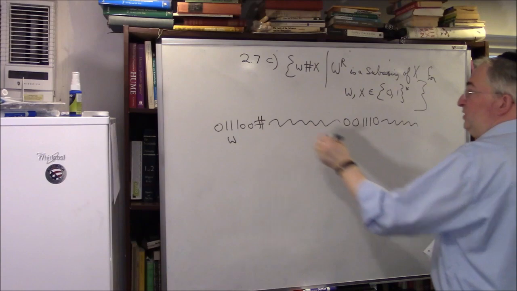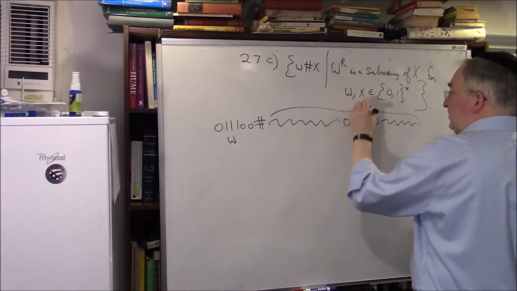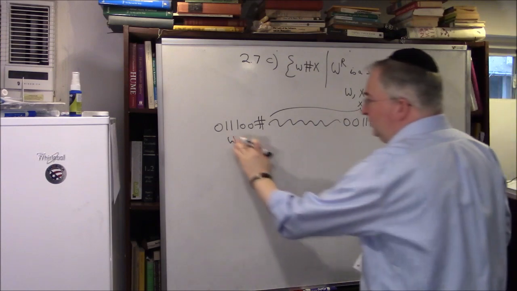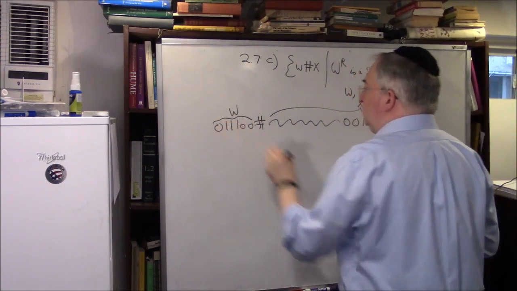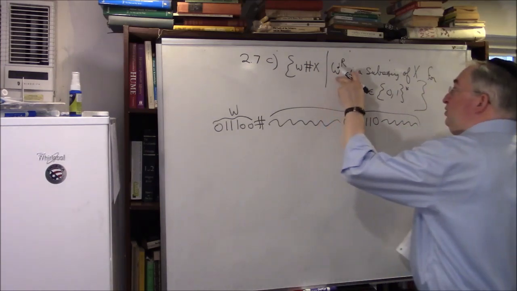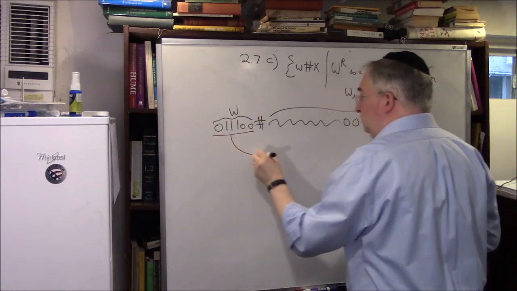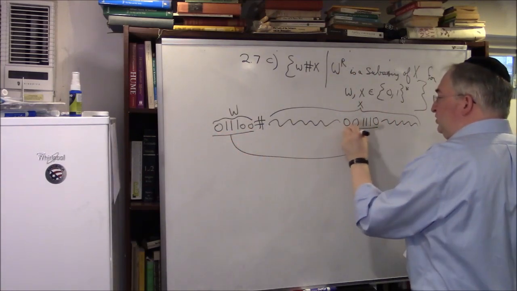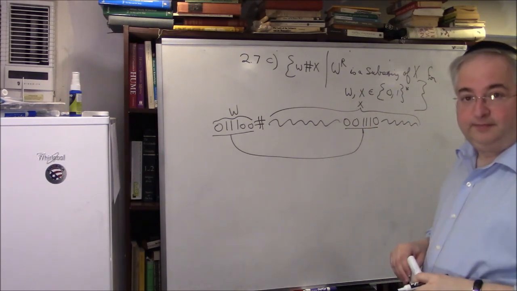This whole thing is W, and this whole thing is X. But the main point is W reverse is a substring of X. This matches up to that. Reverse.